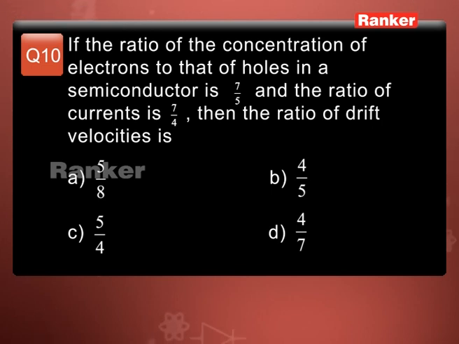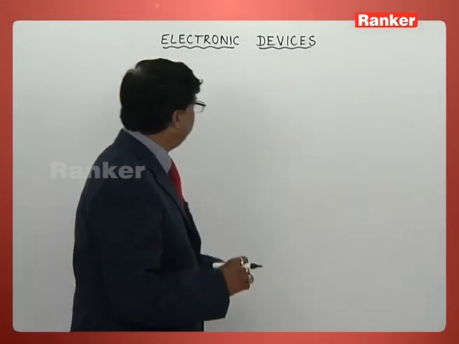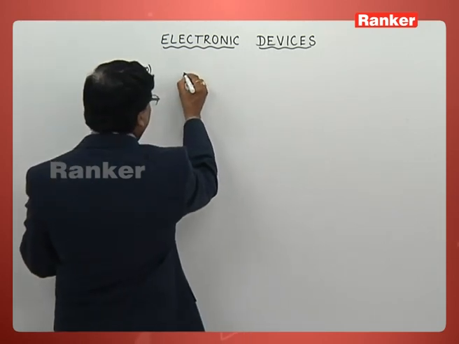First option is given 5/8, second option 4/5, third option 5/4 and fourth option 4/7. What is the correct option out of it? We have to decide. In fact, he is asking you drift velocity.